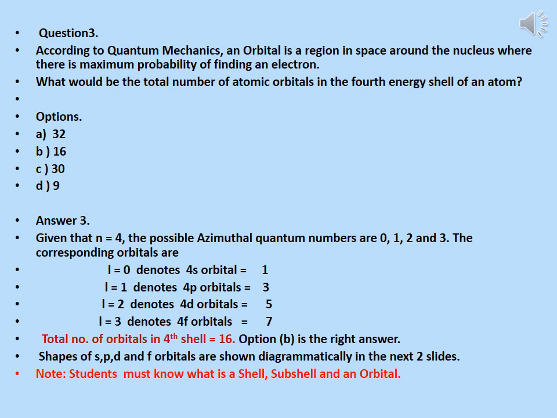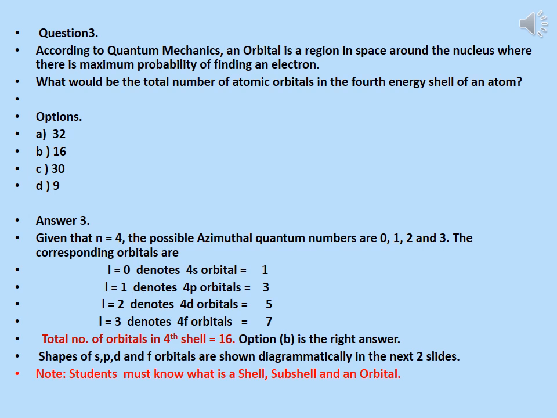For example, the s subshell is found to be spherical in shape, whereas the p subshell is dumbbell shaped. d subshells have two dumbbells joined together, and f subshells have complicated shapes. So that is about a subshell and how they are characterized by the azimuthal quantum number l value.